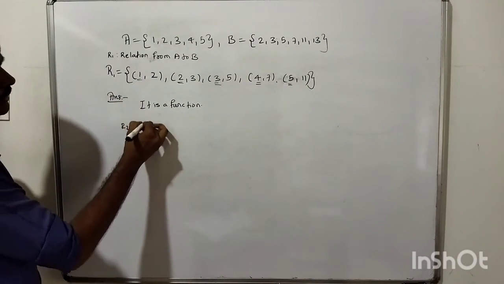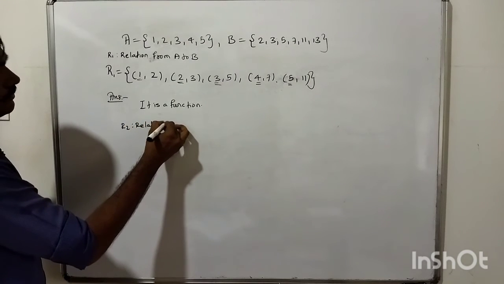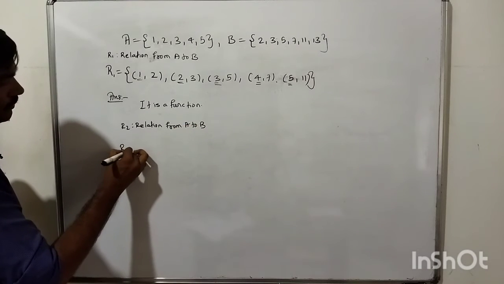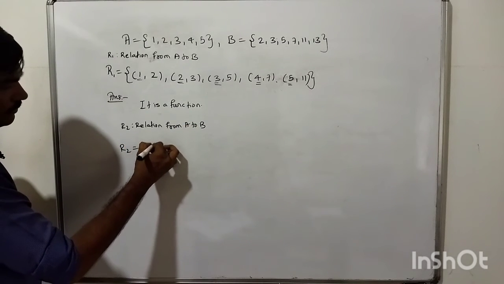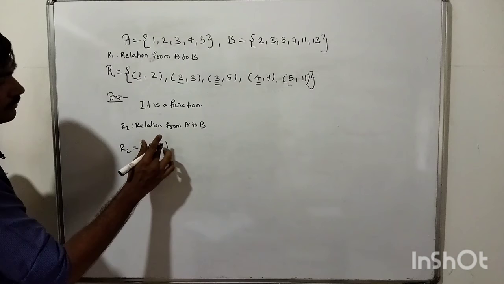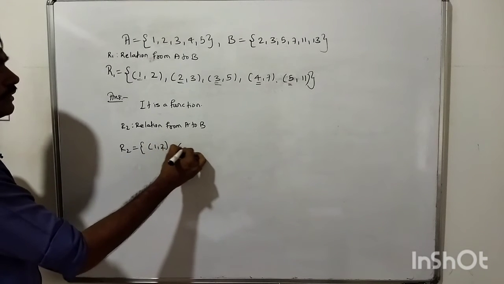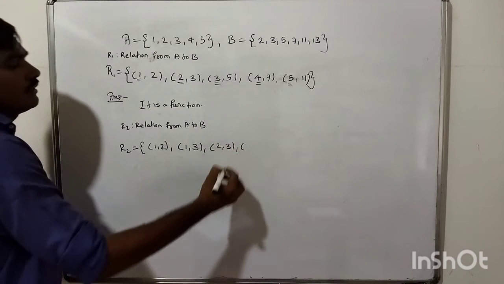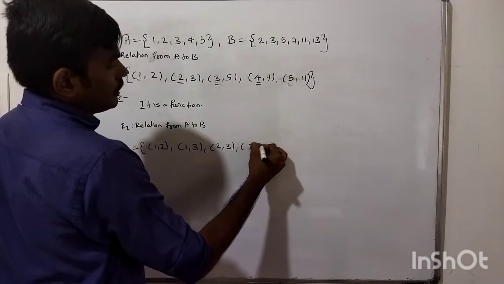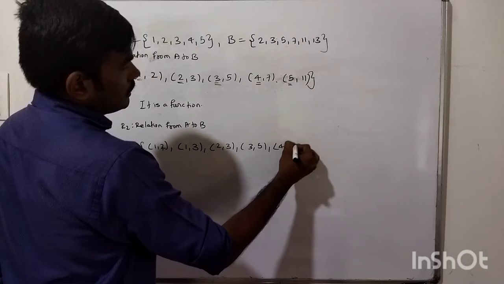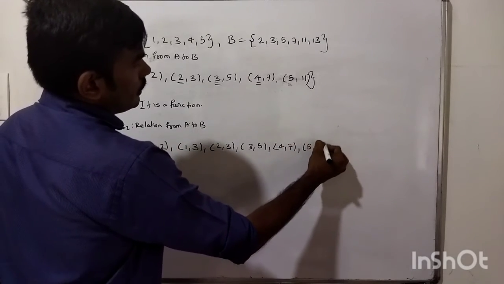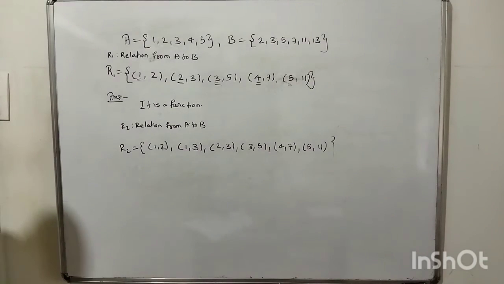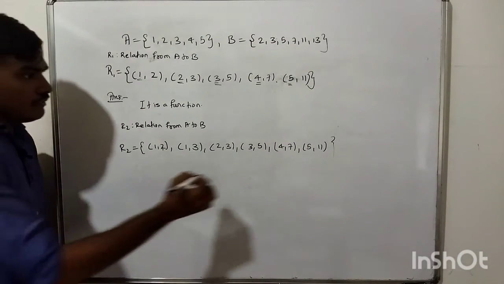R2, a relation from A to B: (1, 2), (1, 3), (2, 3), (3, 5), (4, 7), (5, 7), (5, 11).